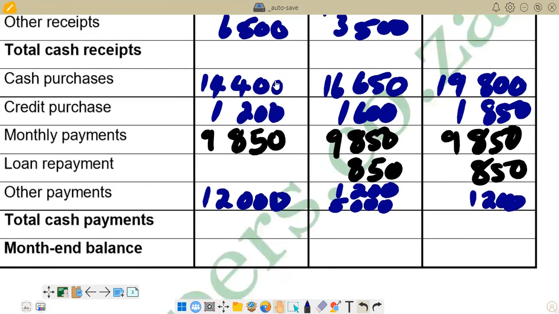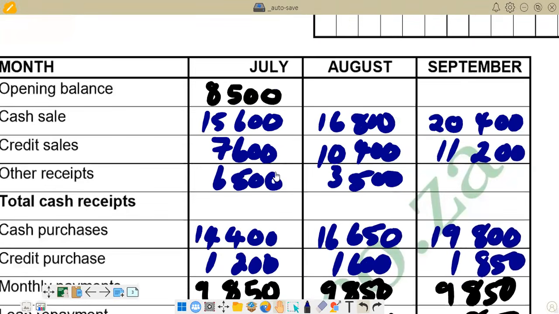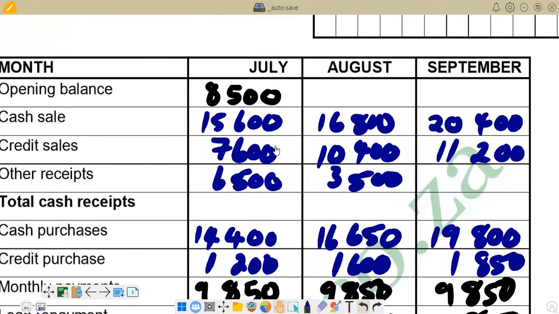Right. So we have adjusted everything. Remember, we've gone through all the further information that was given, item by item. So we can now calculate the totals. First of all, you have to start with the first month. Start from the first month, and then you add the total cash receipts that we have here.